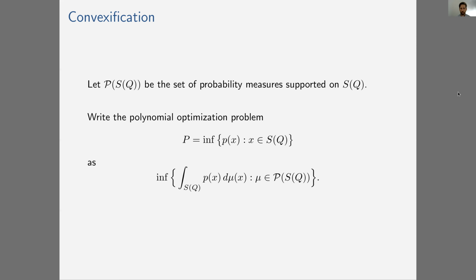So we minimize the integral over the semi-algebraic set of P of x against our probability measure. And the optimization now is over all probability measures supported on the semi-algebraic set.